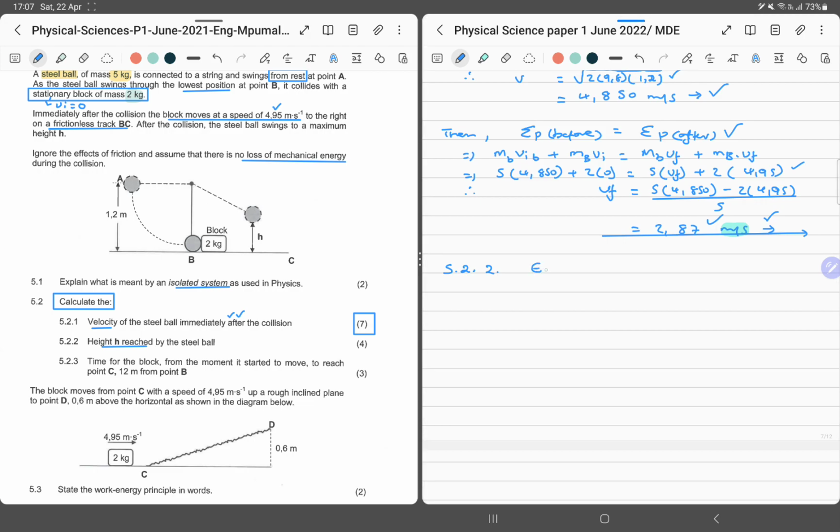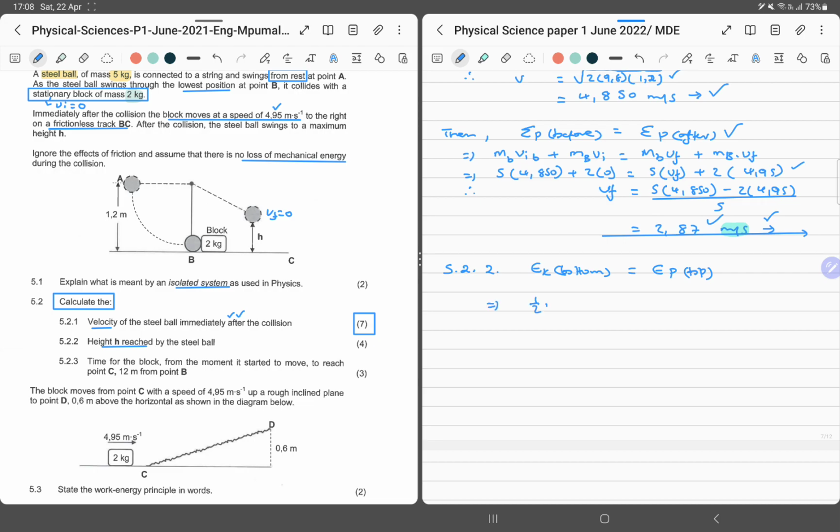So I'm just going to say EK bottom is equal to EP top. Because there's nothing else. Maximum height means velocity is 0. Okay? So that is the story. So I don't want a complicated calculation. So when you know what you're doing, nobody's going to push you around.